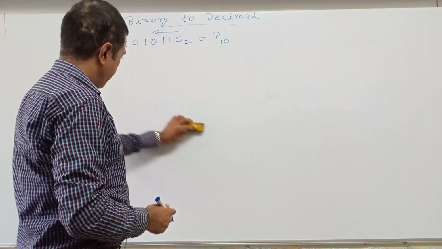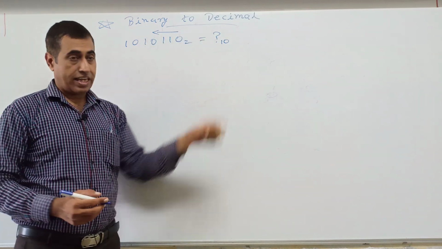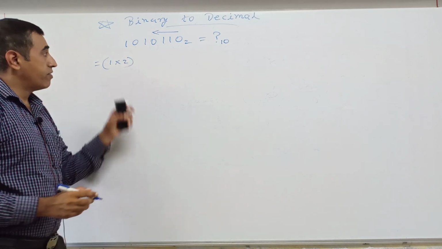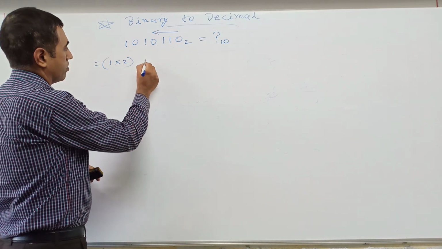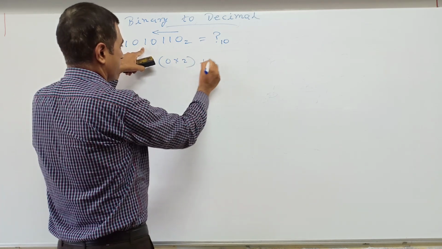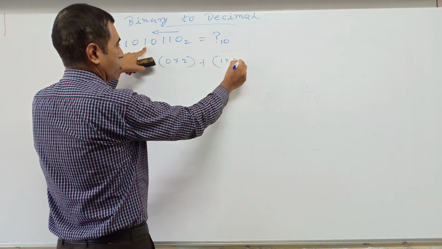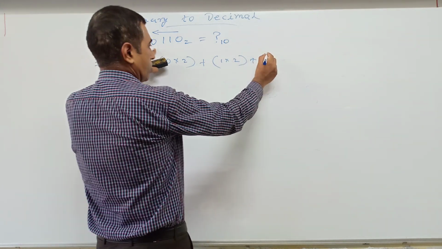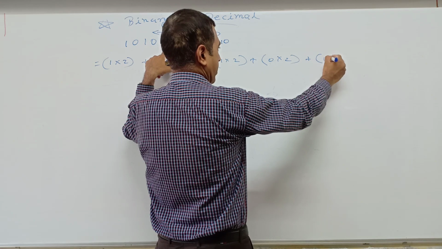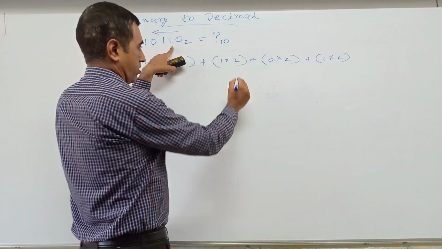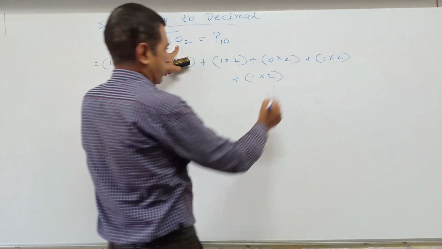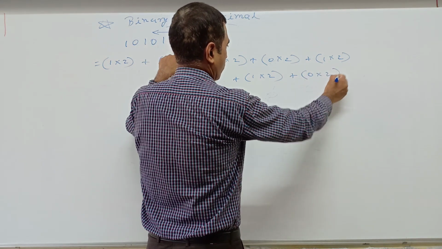So if you want to convert any binary number into decimal, then you have to multiply each and every digit using powers of 2. So 1 into 2, plus 0 into 2, plus 1 into 2, plus 0 into 2, plus 1 into 2, again plus 1 into 2, plus 0 into 2.